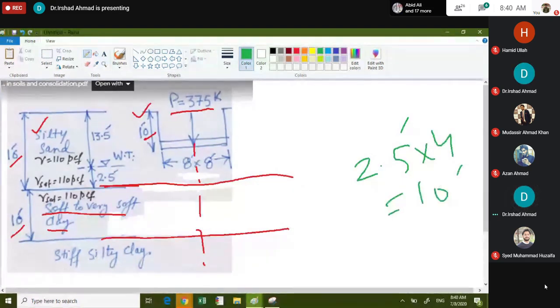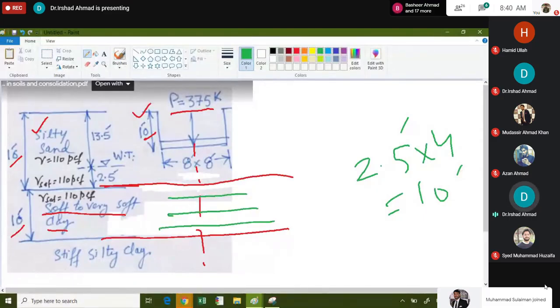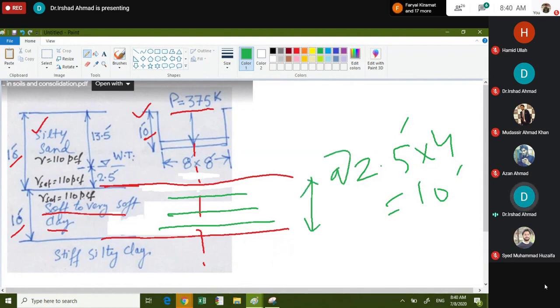So 1, 2, 3, 4. Each sublayer is equal to 2.5 feet. So we would find the stresses at 5 points.